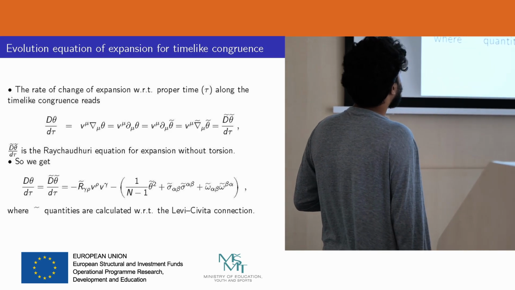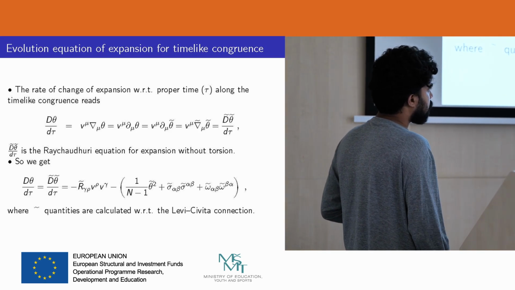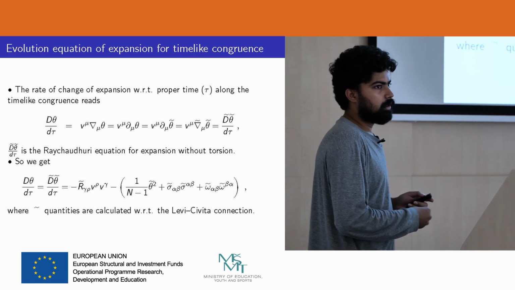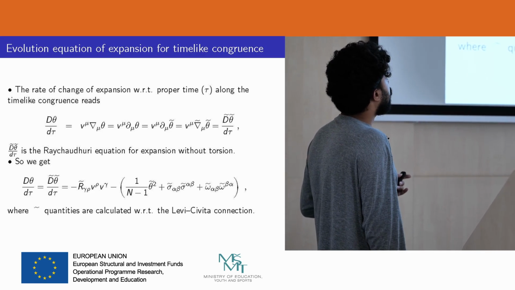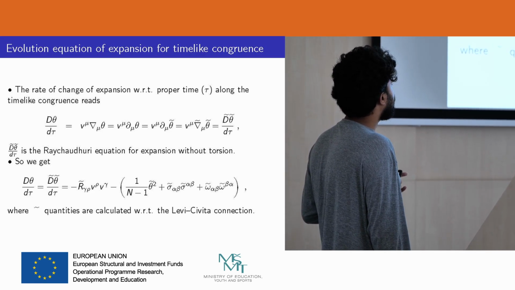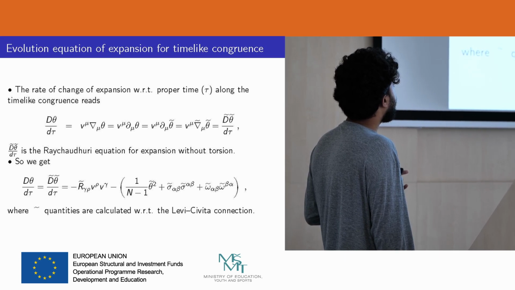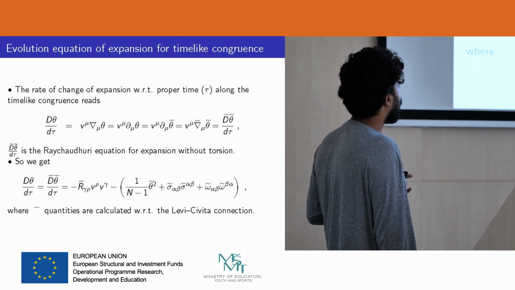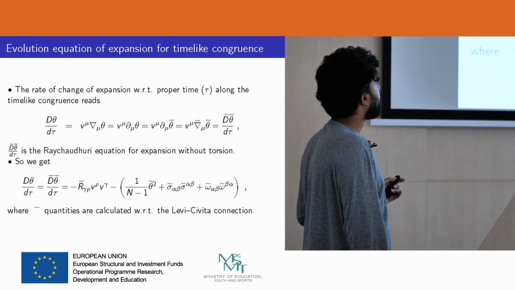So now let us calculate how the expansion changes along the congruence. That is capital D theta D tau, where tau is the proper time.